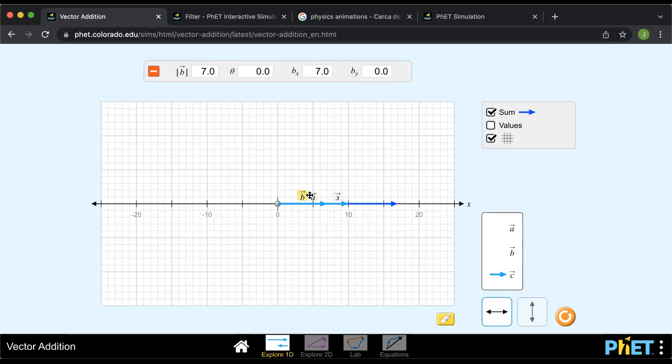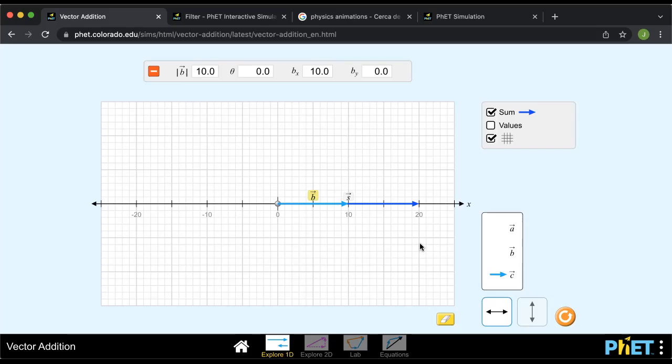A plus B will be the resultant, from the origin to this point. So 10 plus 10 is 20. And that's it. We can do addition or subtraction on vectors. Excellent.